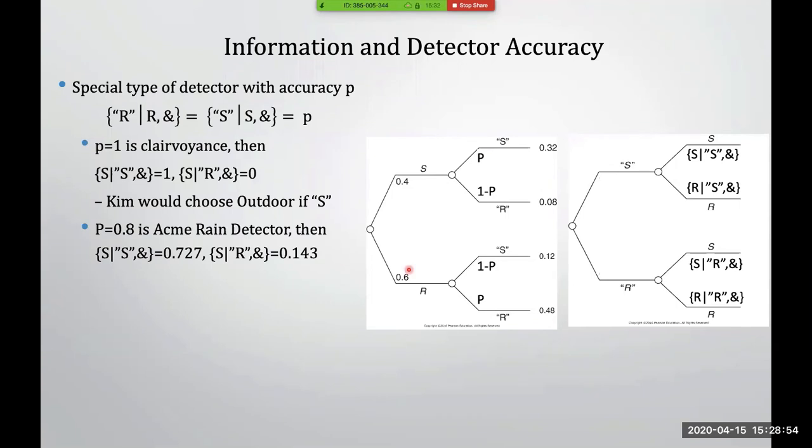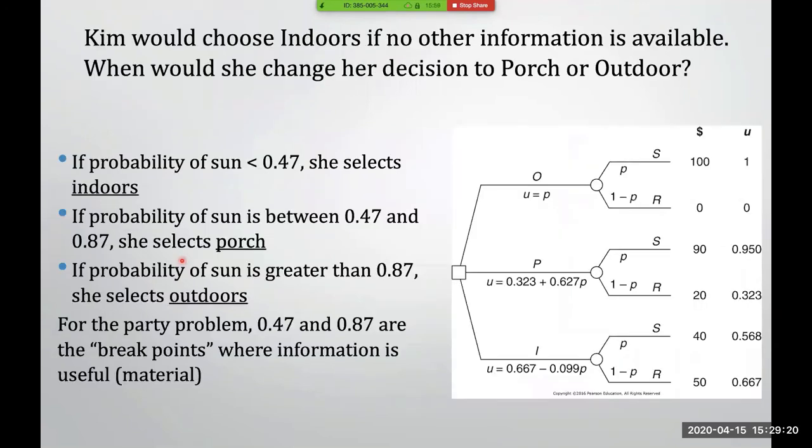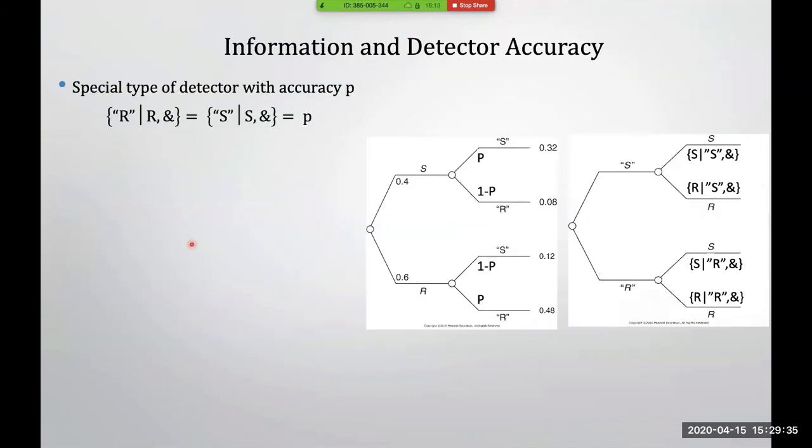Okay, and when P is equal to 0.8, we're looking at the Acme ring detector that we have looked at before. Then, if the message from the Acme ring detector is sunny day, then the probability that the weather is actually going to be sunny is 0.727. So when the probability of sunny day is 0.727 from the previous slide, we know it is between 0.47 and 0.87. That means when a ring detector tells Kim that the message is sunny, then Kim would select porch.